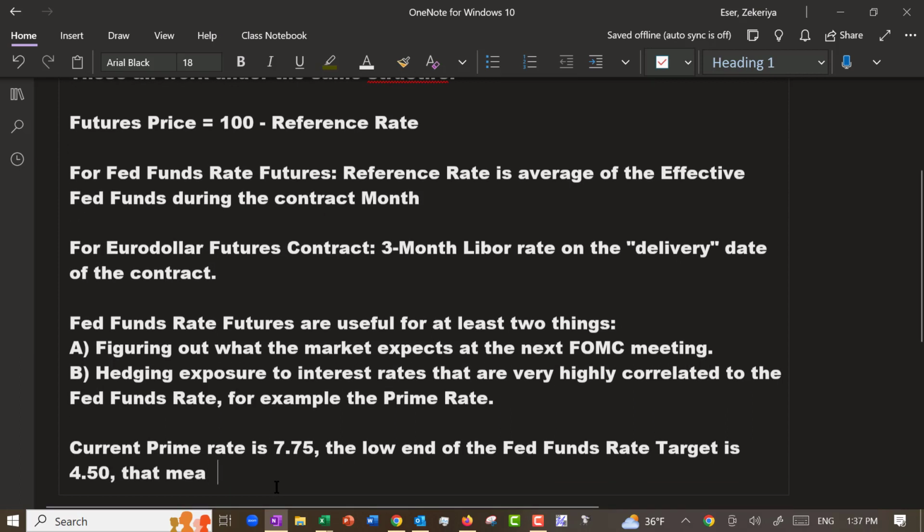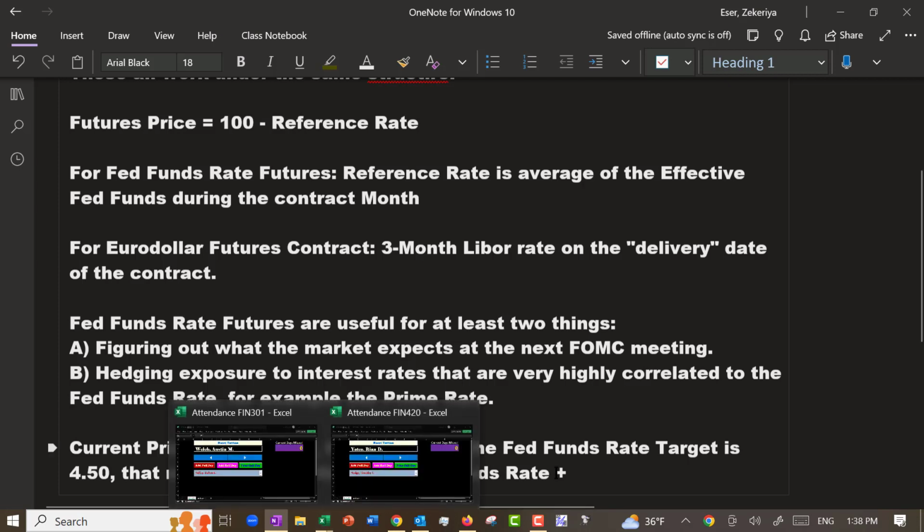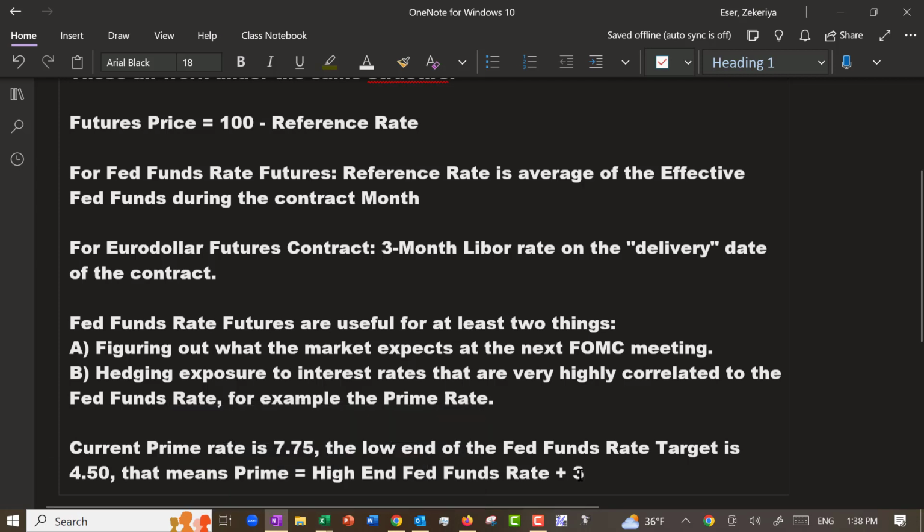That means prime is the high end of the Fed funds rate target plus 300 basis points.